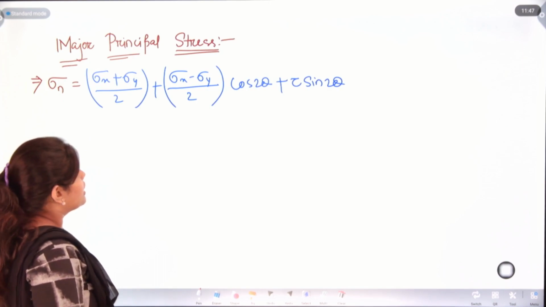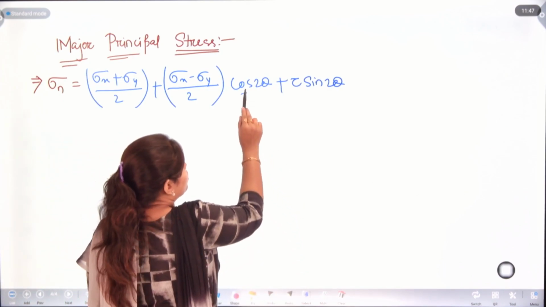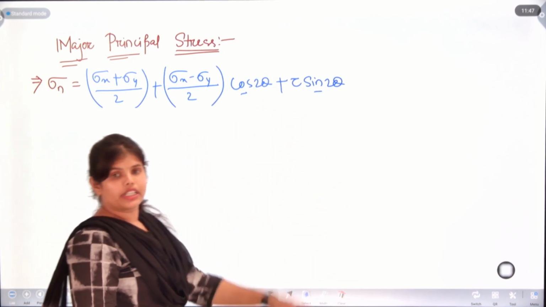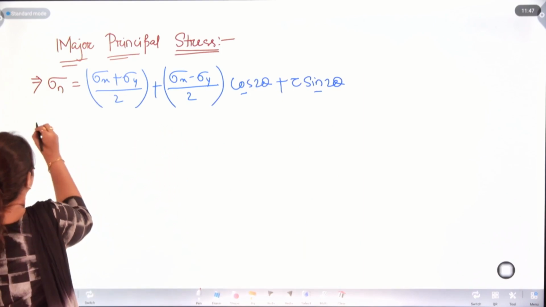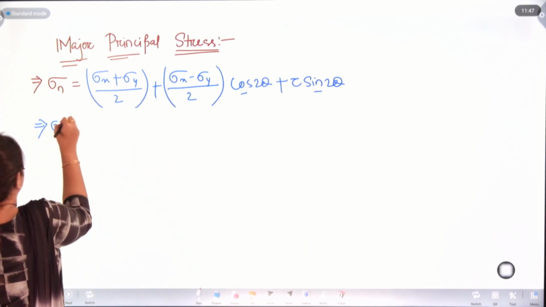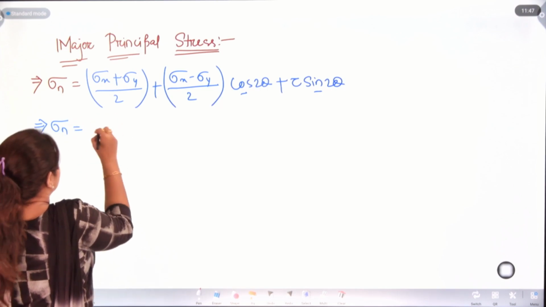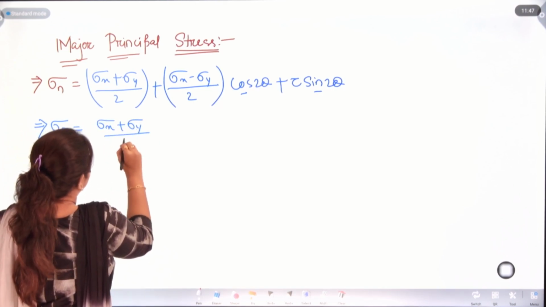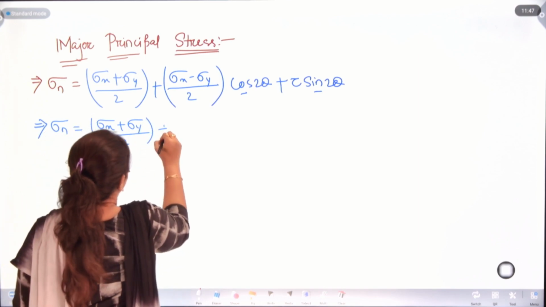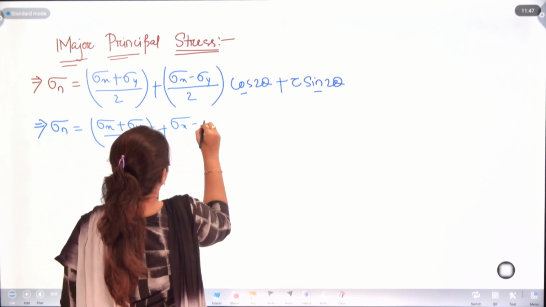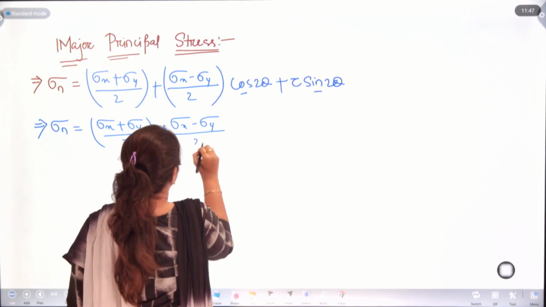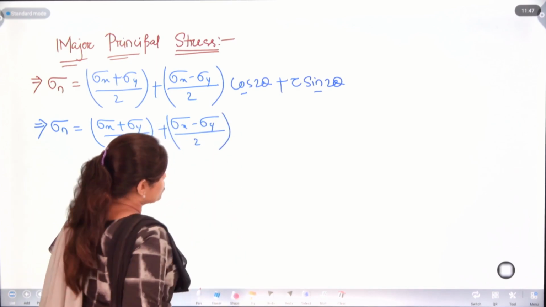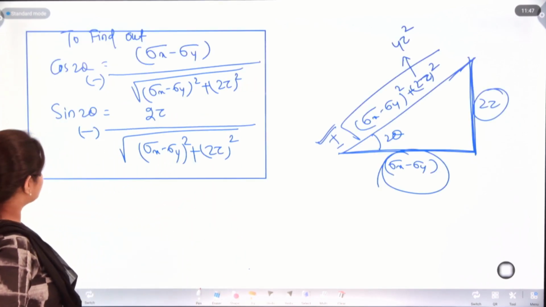Now, as we already have the cos 2 theta and sin 2 theta values, let's put them here. Sigma n will be, so what is the value of cos 2 theta?